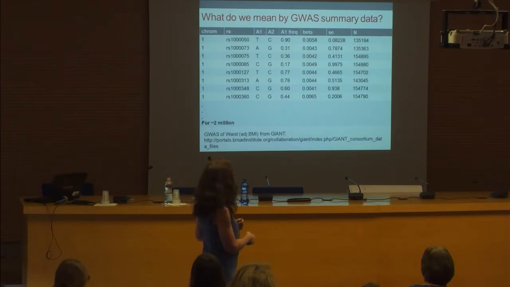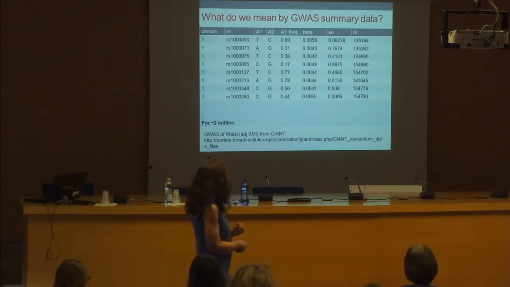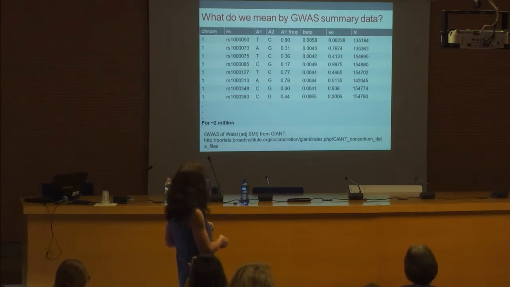And as I say, you get what I've called A1, which is what they are treating as the effect allele, A2, which is the complement allele to that, the frequency of A1, the effect on waist circumference of whether you go from 0 to 1 or 1 to 2 copies of the T allele, and its standard error.